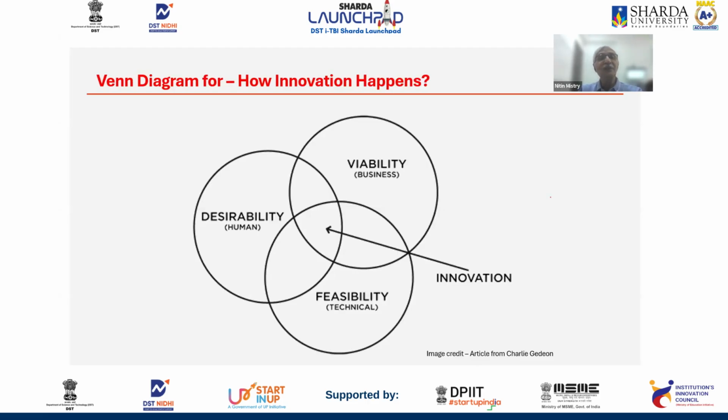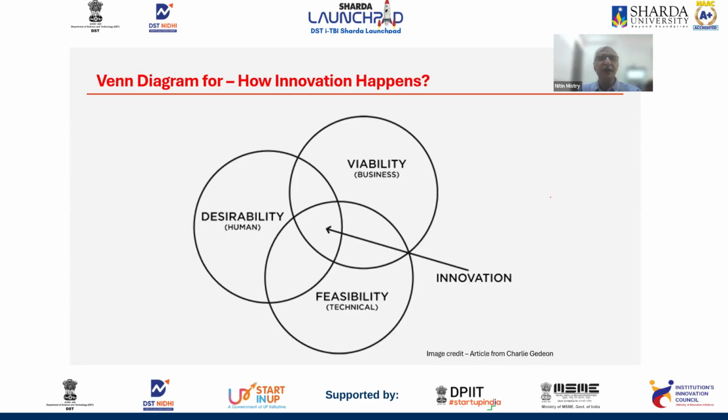And if you have desirability and viability, sorry, I made a mistake, then it's a dream, but technically it's not feasible. So only when all three overlap can true innovation happen.